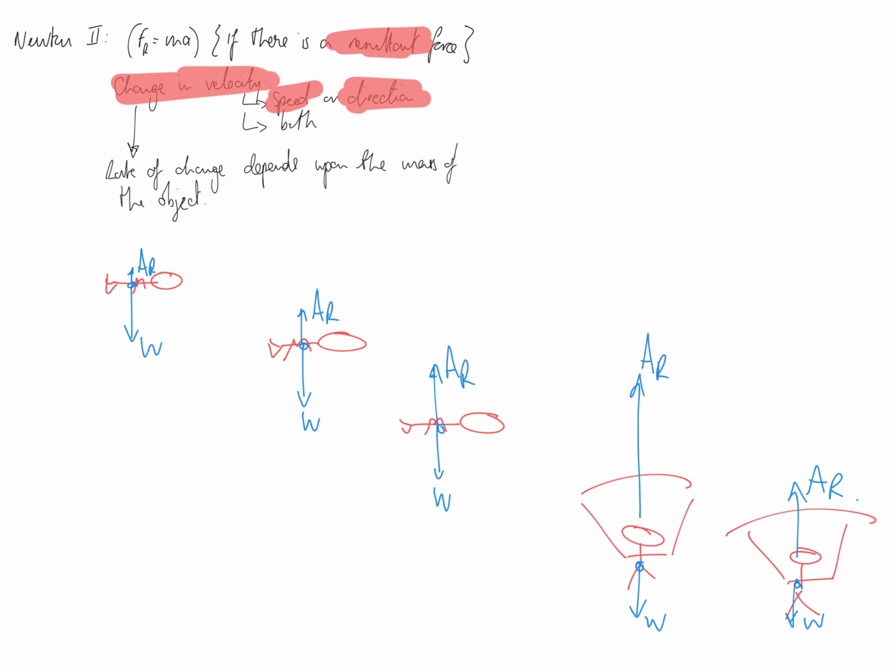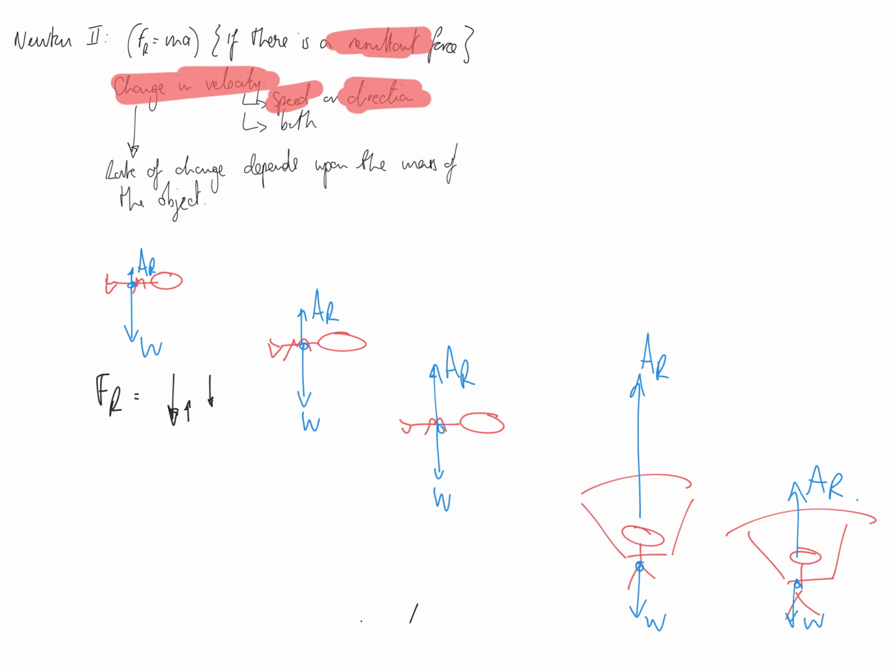Okay. So what does this tell us? Well, in this first instance, there is a large resultant force downward, whereby we're taking away the upward force from the downward force, thereby leaving us a resultant force.